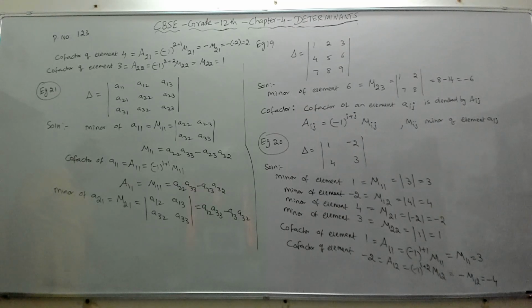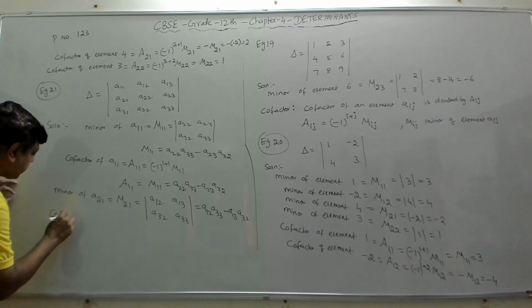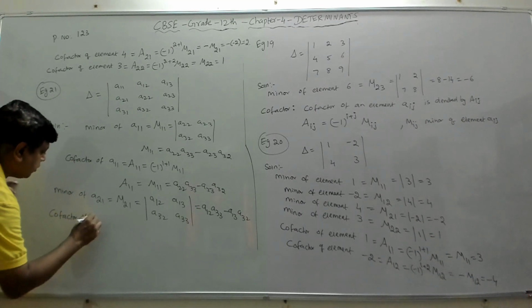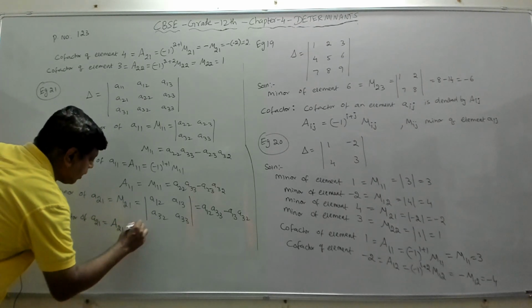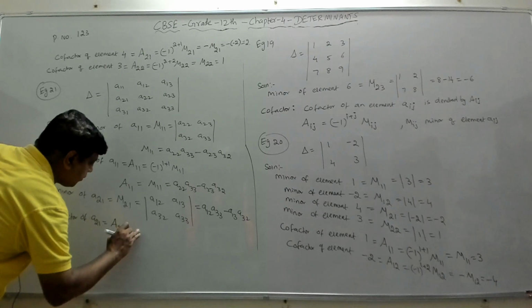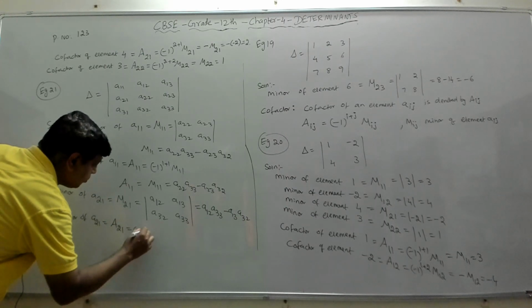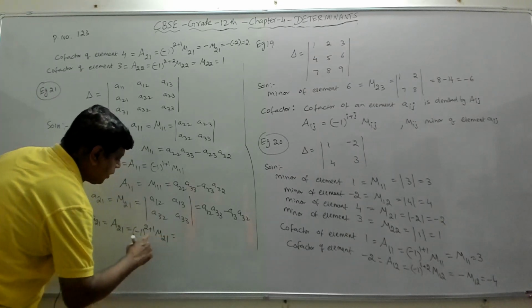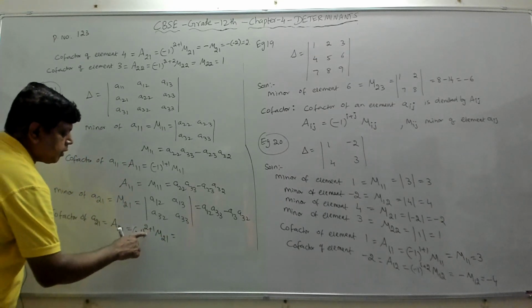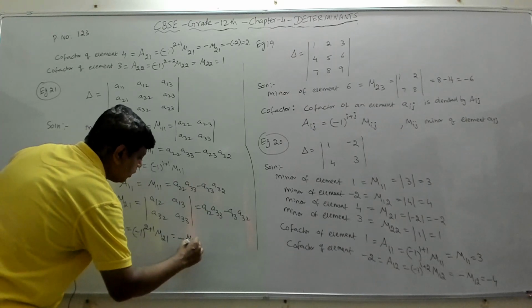A21. Now the next one is the cofactor of this element. So what is the cofactor of A21? That is defined as capital A21, and that is equal to minus 1 power 2 plus 1 of M21. That is equal to minus 1 power 3, which is minus M21.